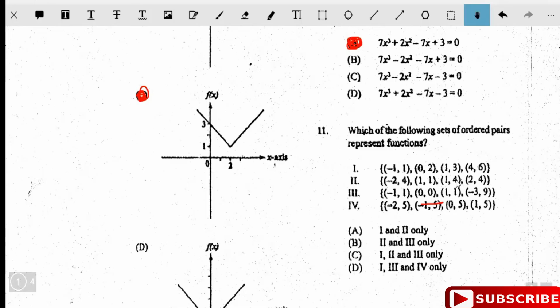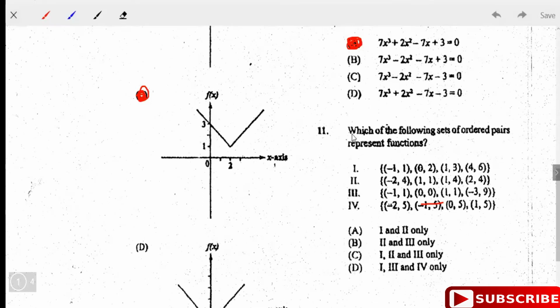In option 2, 1 is mapped to 1 and 1 is mapped to 4. So what is that? One to many, right? Yes. So right here in option 2, we have 1 mapped to 1 and 1 mapped to 4. So this is a one to many.